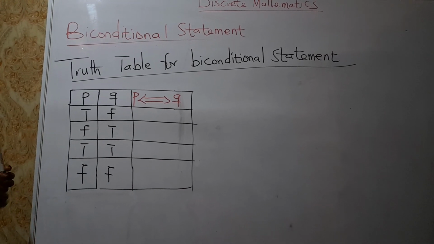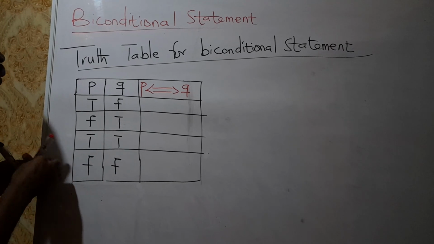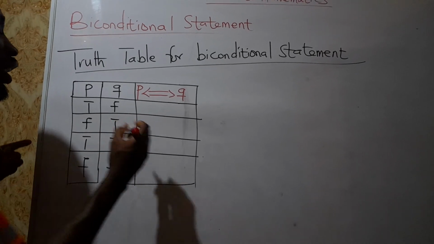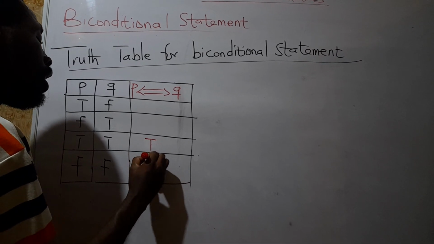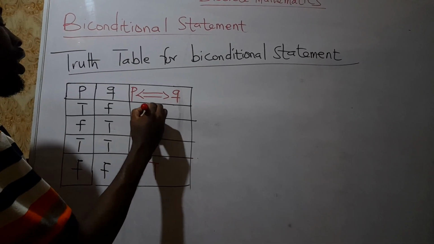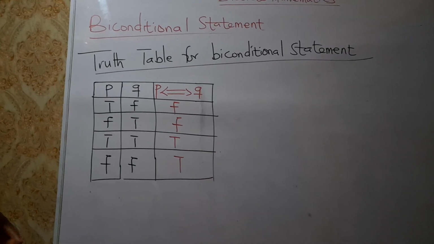It becomes true when both have the same truth value, that both are true or both are false. Otherwise, it becomes false. I hope you get that.